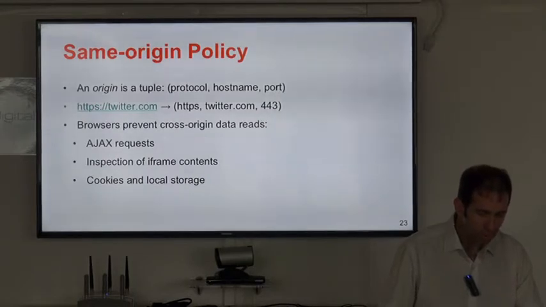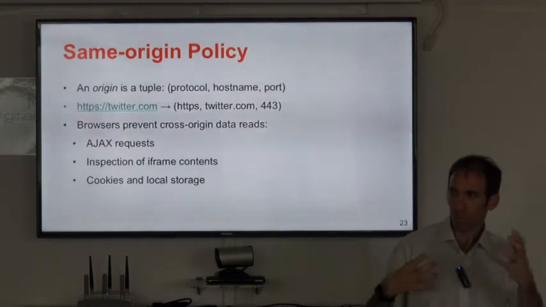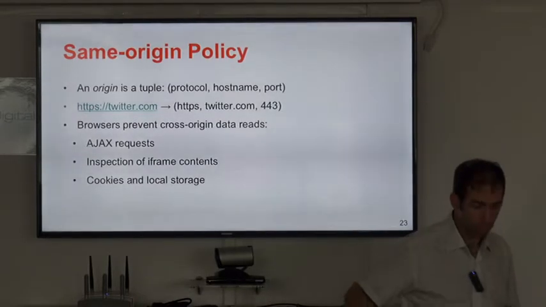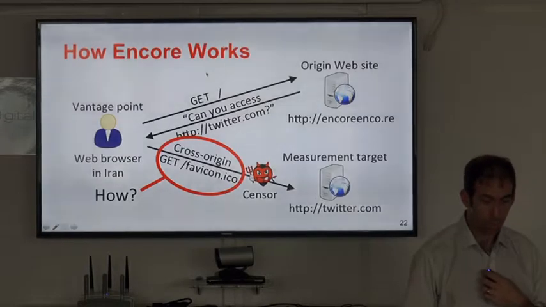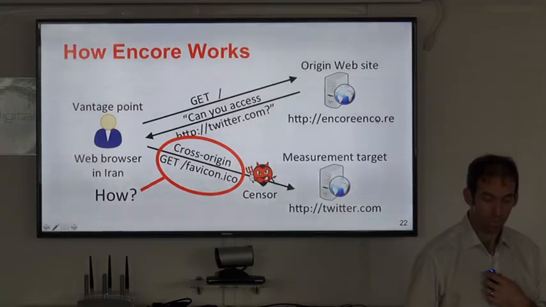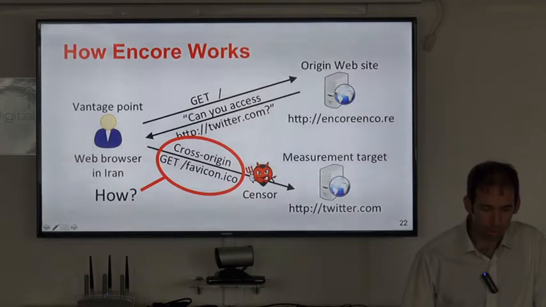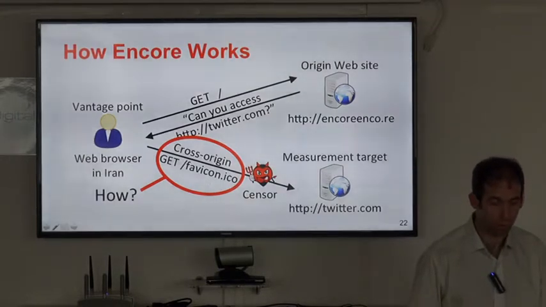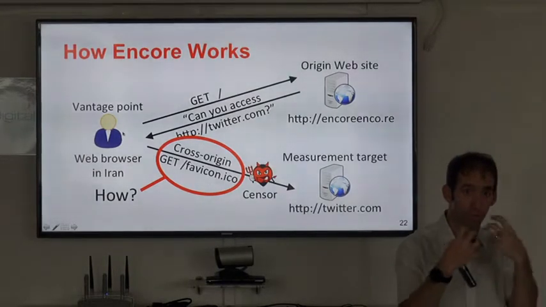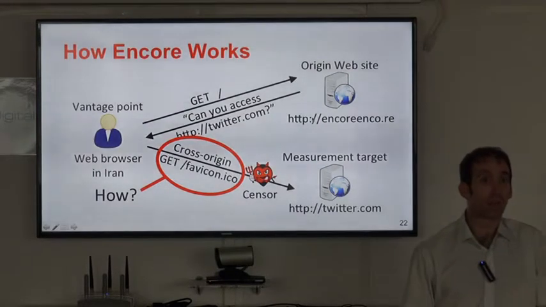So here's the trick, right? Web browsers prevent one origin from reading data from another origin. That would be called a cross-origin data read. For example, if one origin is ours, Encore, then we cannot read anything that has been requested or loaded from another origin. The browser assembles all those objects together to assemble the page, but different origins cannot read content from other origins.